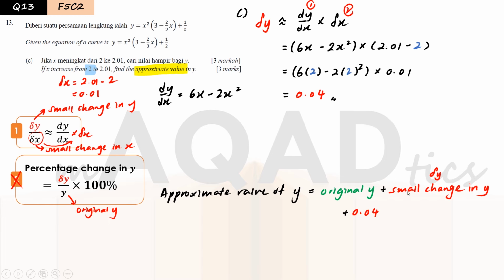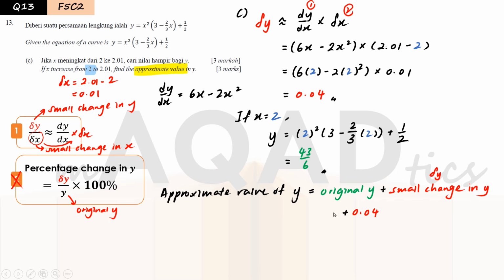Now we have found the small change, so we need to figure out the original value of y. How do we do this? We just need the original value of x, which is 2, and substitute it inside this equation, and then I can get the original value of y. So x equals 2, substitute inside the equation, and the original value of y is 43/6.